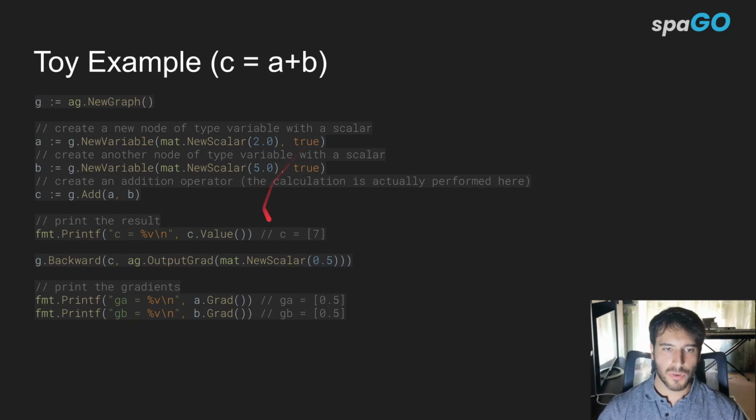And the final true, this argument, is to say, yes, this node will have gradients, so you have to consider it in the automatic differentiation operations.